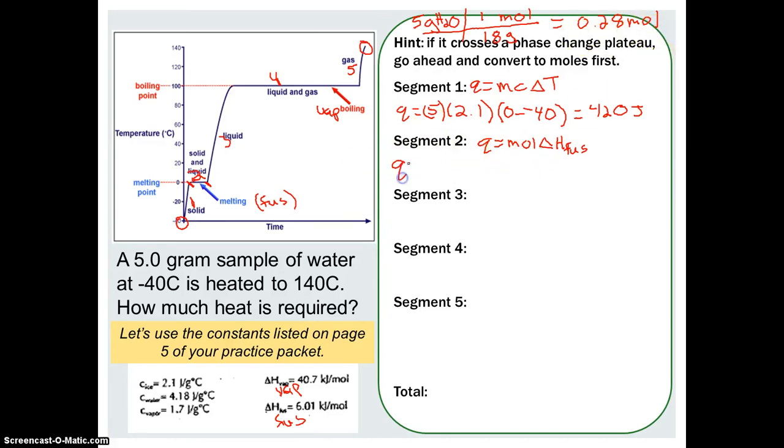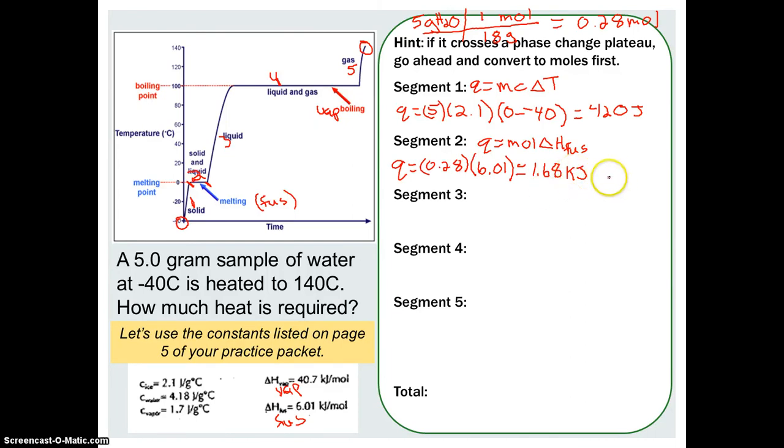So here Q equals 0.28 times 6.01. I plug this in and I end up with 1.68. This is in kilojoules.